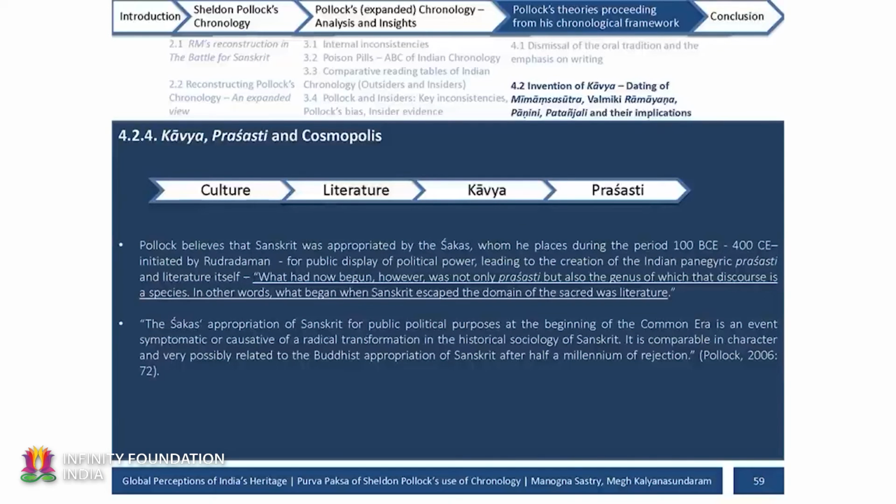He mentions the Shakra's appropriation of Sanskrit for public political purposes at the beginning of the Common Era is an event symptomatic or even causative, just look at the words that he uses, of a radical transformation comparable in character and very possibly related to the Buddhist appropriation of Sanskrit a millennium after its rejection.